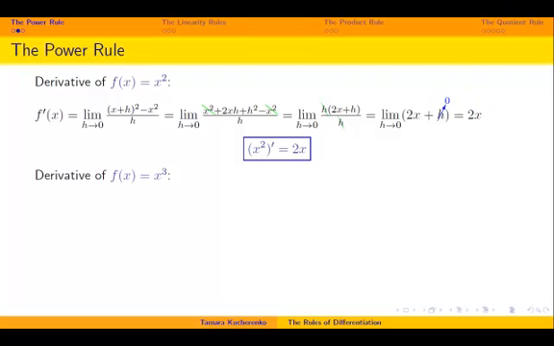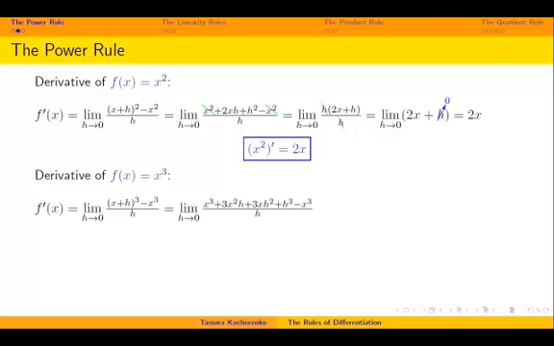Let's compute the derivative of x cubed. According to the definition, the derivative of x cubed is the limit as h approaches 0 of x plus h cubed minus x cubed divided by h. Expanding x plus h cubed, we obtain x cubed plus 3x squared h plus 3xh squared plus h cubed minus x cubed divided by h.